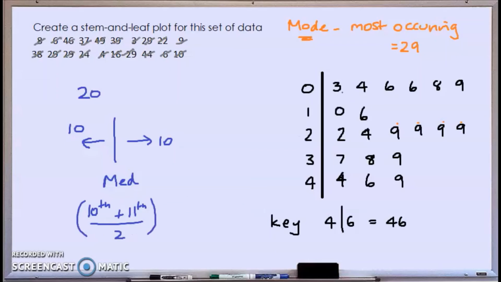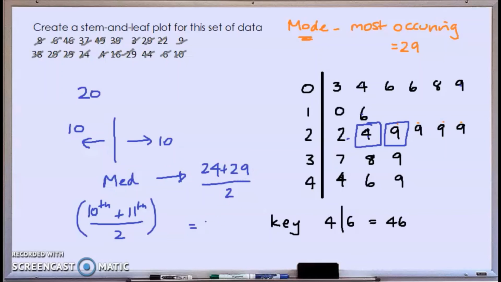So now I can count quite easily. I've got 1, 2, 3, 4, 5, 6 numbers there, 7, 8, 9, 10. So my 10th number is 24 and my 11th number is 29. And so my median is therefore 24 plus 29 divided by 2. 24 plus 29 is 53.